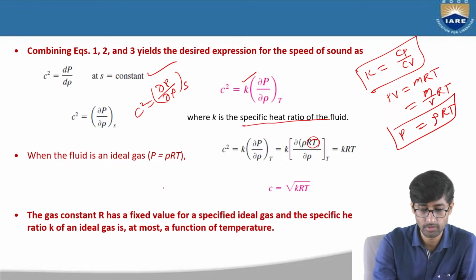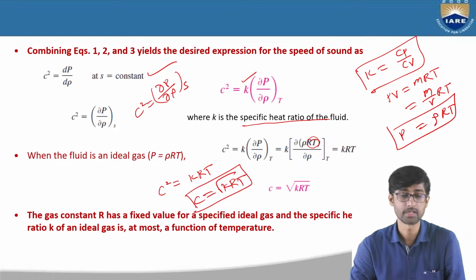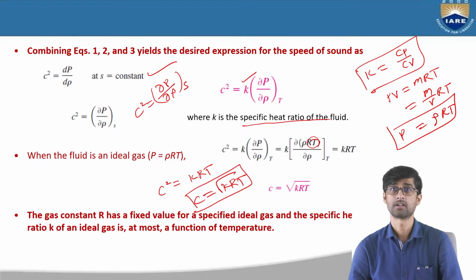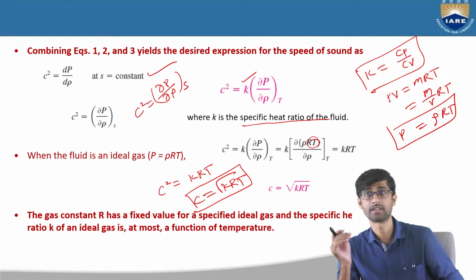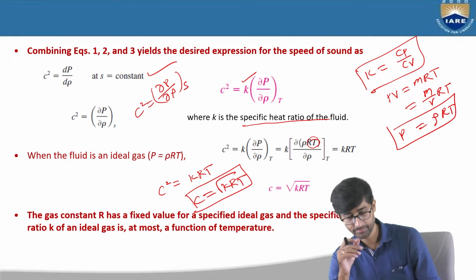So c equals the square root of kRT. This is how to calculate the speed of sound. Here, what is capital R? It is the characteristic gas constant, which has a fixed value for a specific ideal gas, and the specific heat ratio of an ideal gas is a function of temperature.